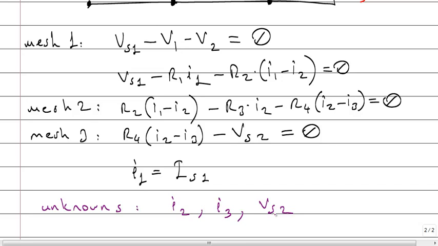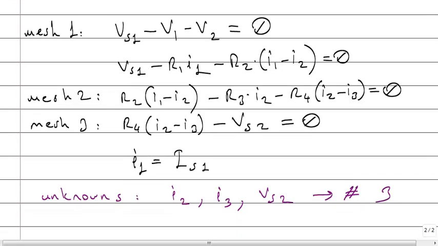Okay. So number of unknowns are 3. How many equations do I have? 1, 2, 3. Okay. Number of equations equal to number of unknowns.